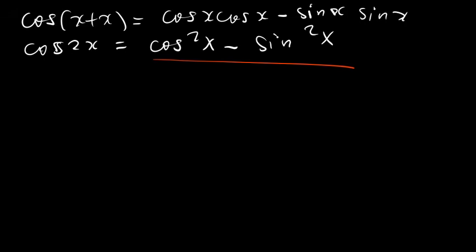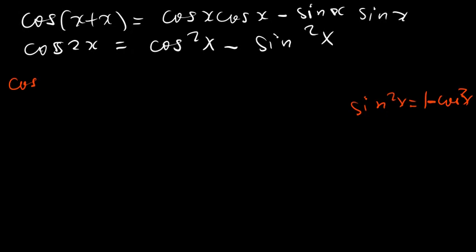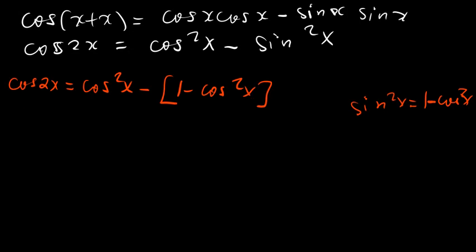Okay? Why am I saying it has got 3? We do know that where there is sine squared x, it can be replaced by 1 minus cos squared x. So I'll go ahead and say cos 2x will be equal to cos squared x minus open brackets, where there is sine squared x, I will replace it with 1 minus cos squared x. I can now open the brackets.